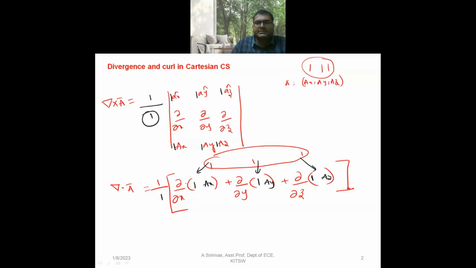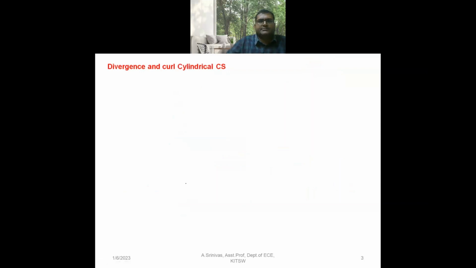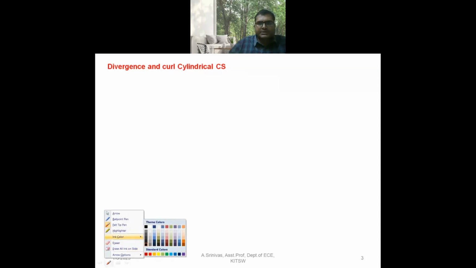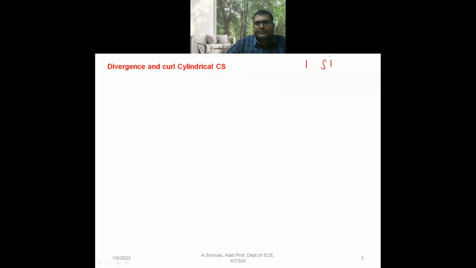Let us apply the same concept in cylindrical coordinate system. In cylindrical coordinate system, you have to remember the notation 1 rho 1. The coordinates are rho, phi, and z. So del cross A is a vector quantity.